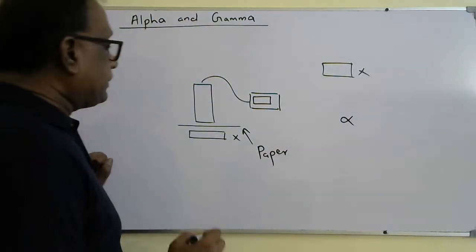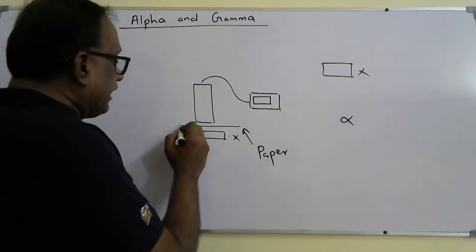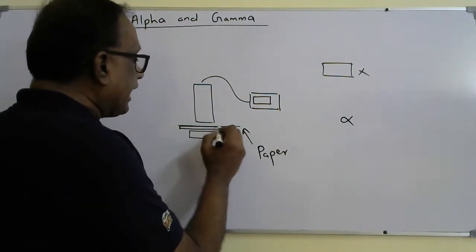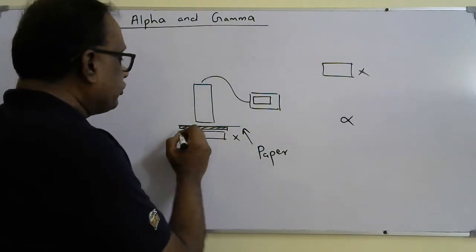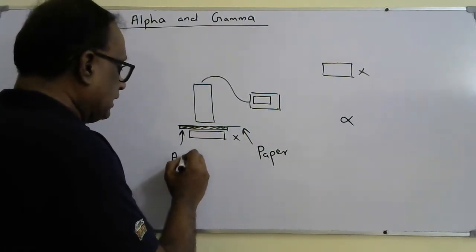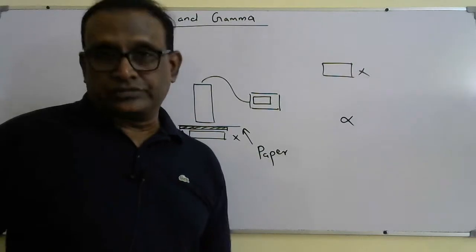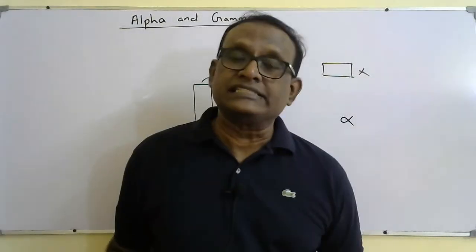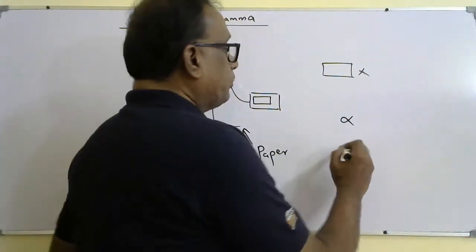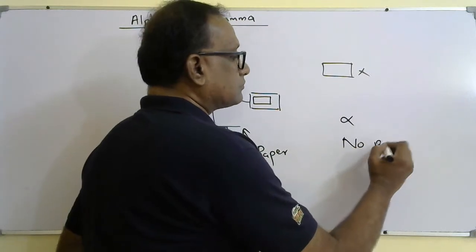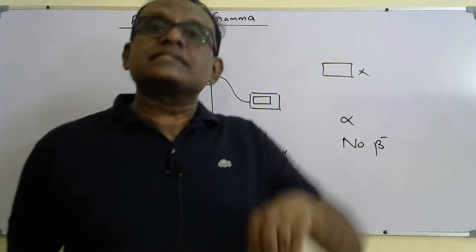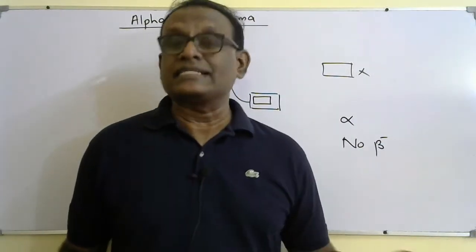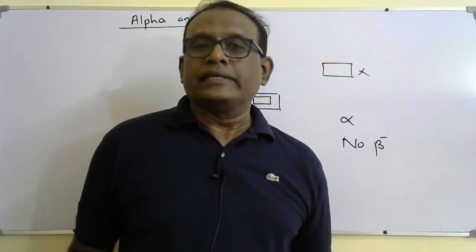Now, keeping the paper, keep a thin sheet of aluminium, a few millimeter thickness. When you keep it, there is no significant change in the count rate, which means no beta minus. Still the count rate is well above the background count rate as earlier. So most probably gamma.